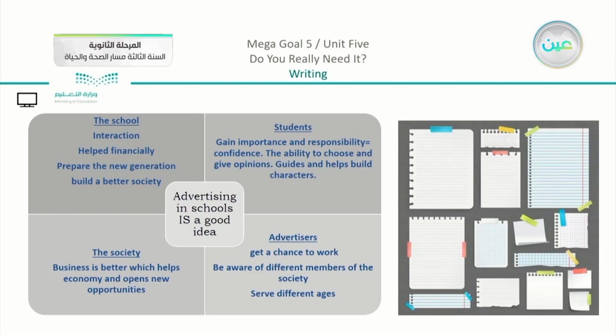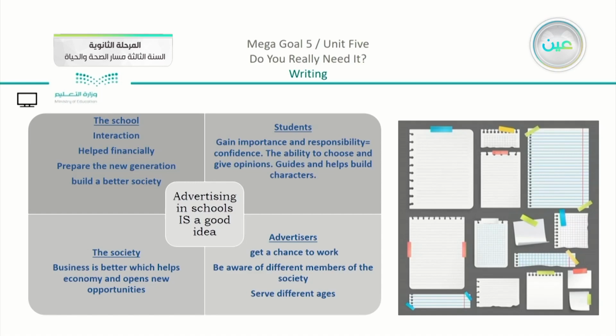The ability to choose and give opinions. Guides and helps build characters. The advertisers get a chance to work, and they are aware of different members of the society and serve different ages. So even though you are still writing your notes here and putting your graph together, you can also take out any idea that you feel is unsuitable.